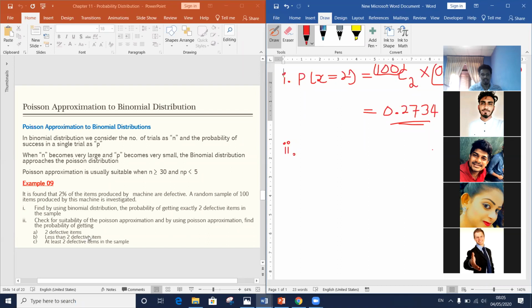Part A asks for the probability of having two defective items, X equals 2, using Poisson approximation.